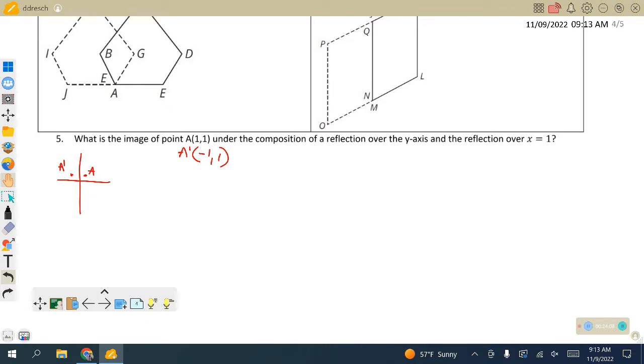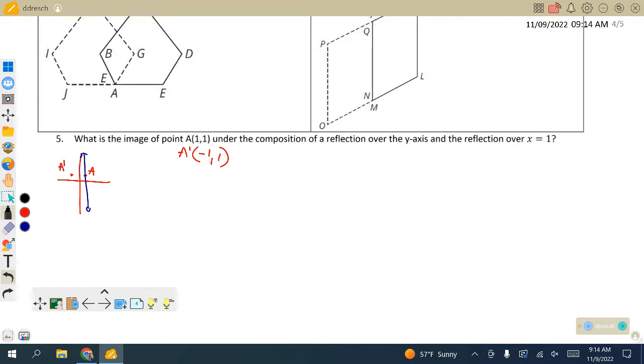All right? Now that's not the final answer, because what else do we have? We have another reflection there, right? So now we want to reflect that over x equals 1. What does x equals 1 look like? What type of line? Yep, it's vertical, right? So x equals 1 is right there.